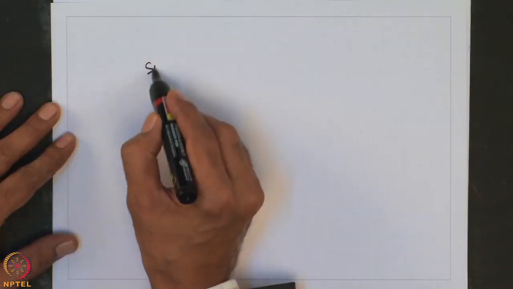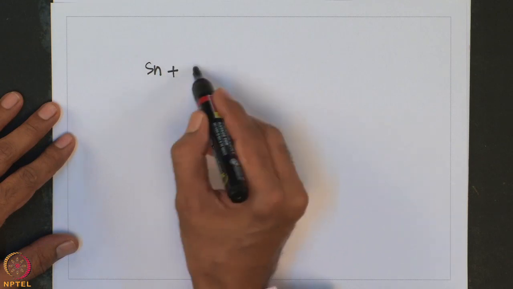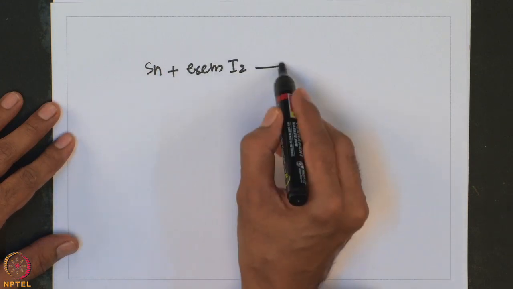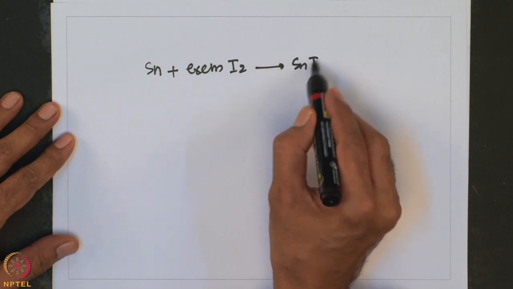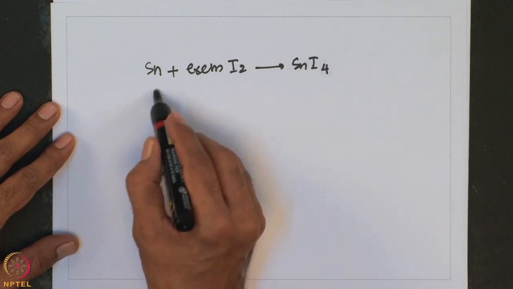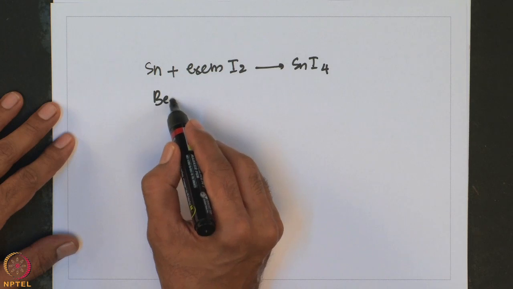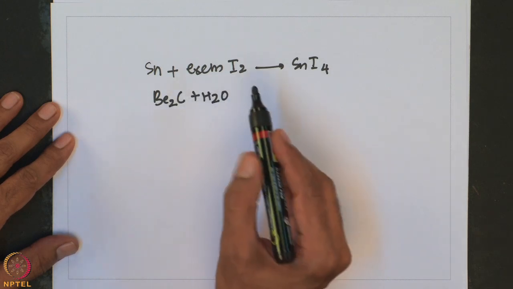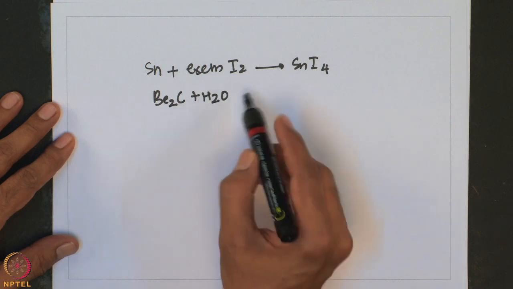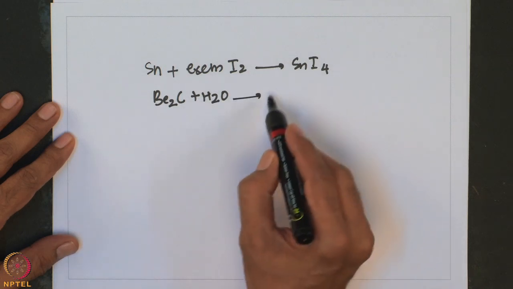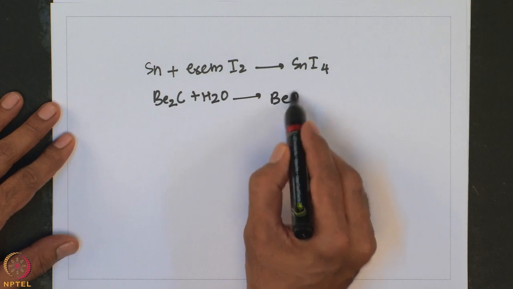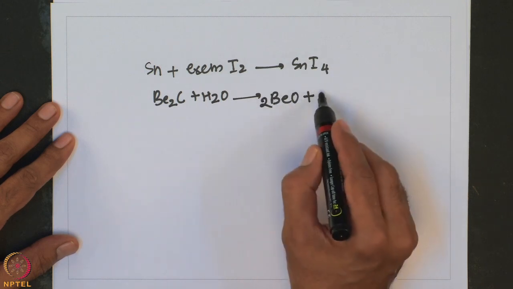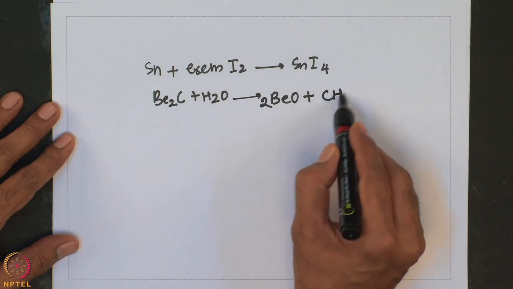For example, tin with excess of iodine forms SnI4, and beryllium carbide with water, of course, one has to take 2 equivalents of water, gives CH4.